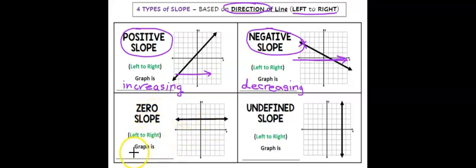A 0 slope, as you can see, is a horizontal line. When there's a 0 slope, your line is running parallel to the x-axis. It's horizontal. And that's when you get a 0 for your slope value. An undefined slope is a vertical graph of your line. It's running straight up and down.